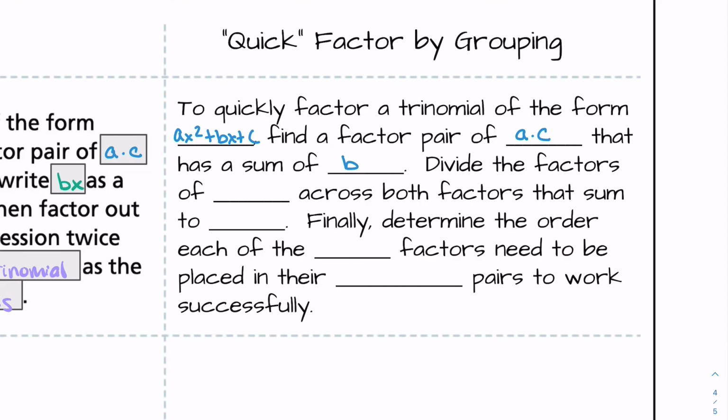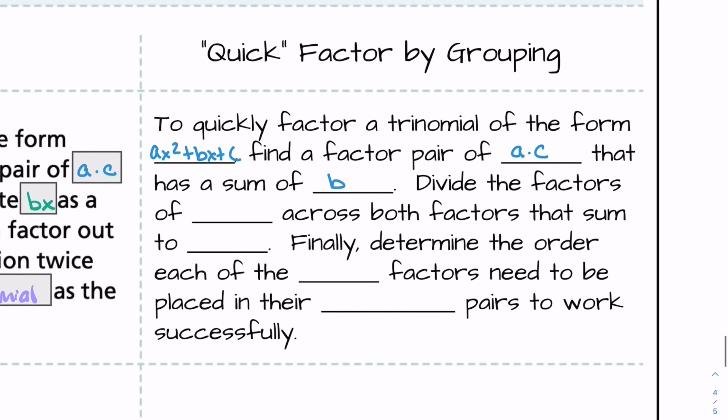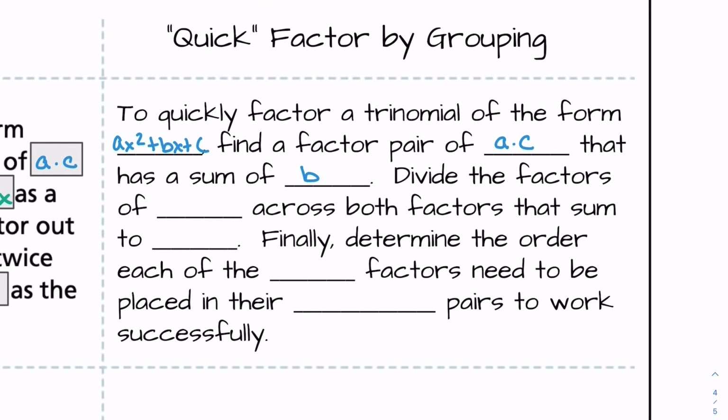Then we're going to take those factors and divide the factors of a across both factors that sum to b.